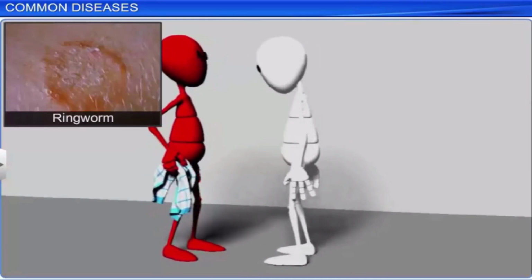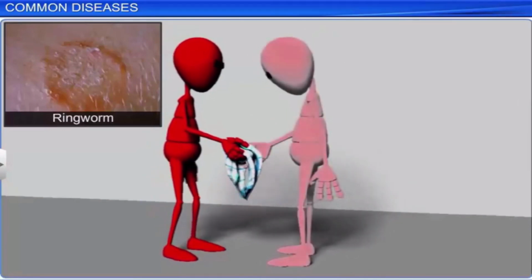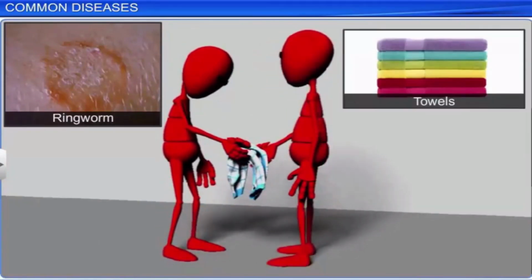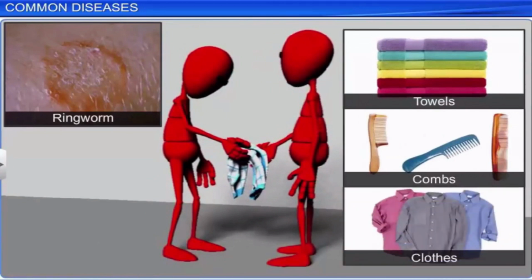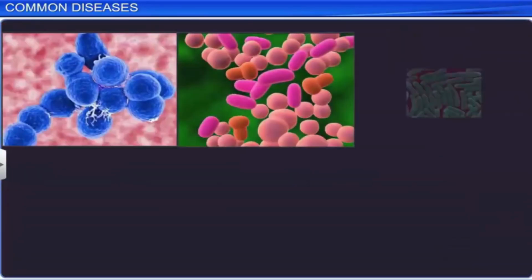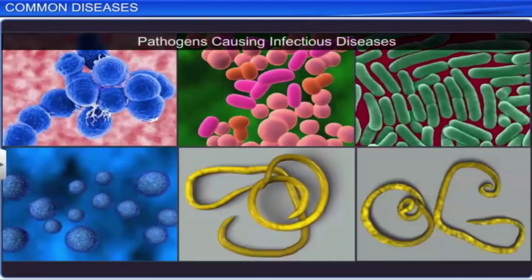Ringworms can be transmitted to healthy individuals by sharing towels, combs, and clothes of an infected person. Therefore, pathogens like bacteria, viruses, and helminths are responsible for causing some common yet extremely infectious diseases.